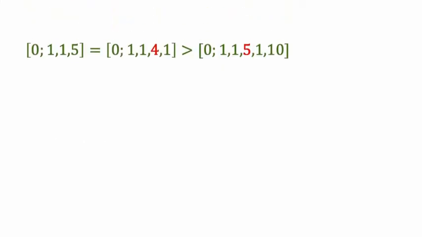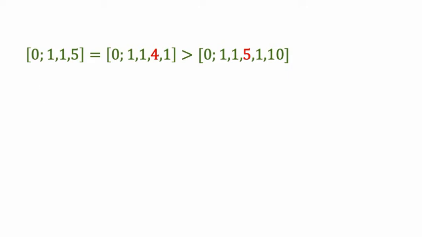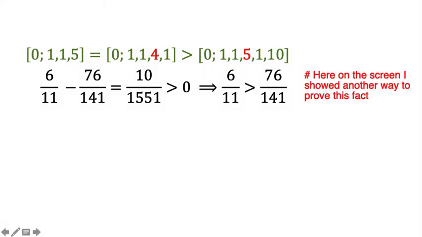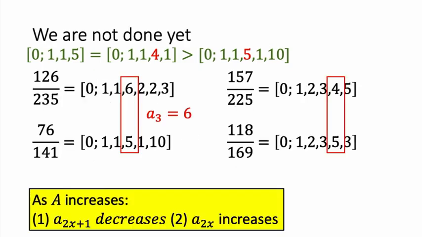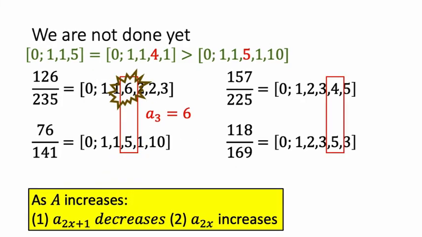From the corollary, we can prove that 0, 1, 1, 4, 1 will be greater than 0, 1, 1, 5, 1, 10. This means that if our new fraction c is 0, 1, 1, 5, c will not be between a and b, which is not what our problem wants, and this is why a3 needs to go with 6. Notice that in this case, it is an odd item we are discussing, and it goes with a smaller fraction.